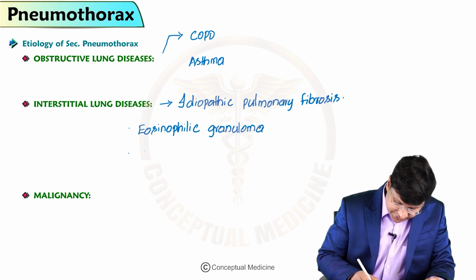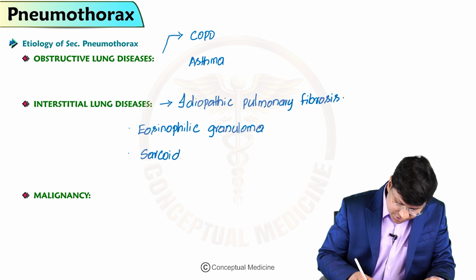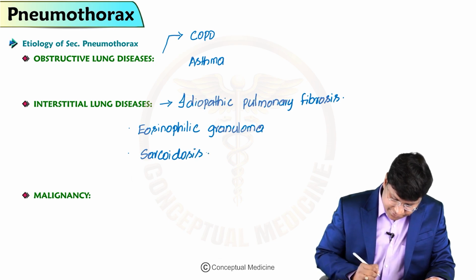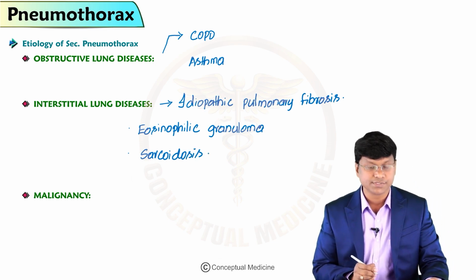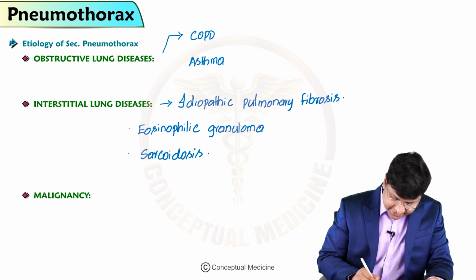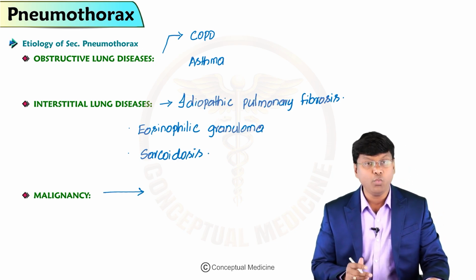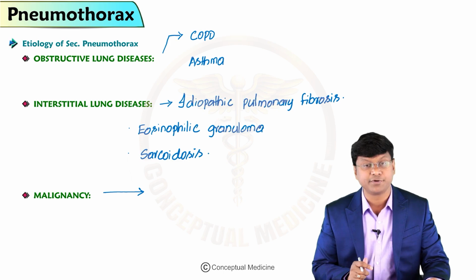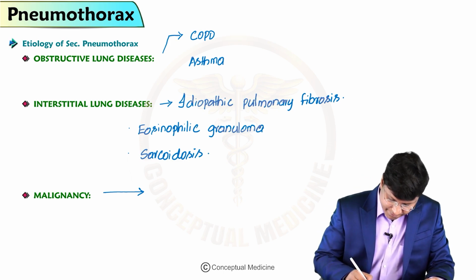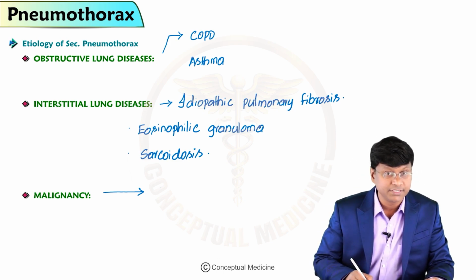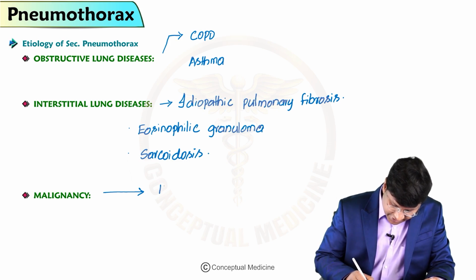And the other condition which will cause secondary spontaneous pneumothorax is sarcoidosis. Then followed by that, malignancies. What are the malignancies which will cause secondary spontaneous pneumothorax? That is primary lung carcinoma, that is nothing but your bronchogenic carcinoma.